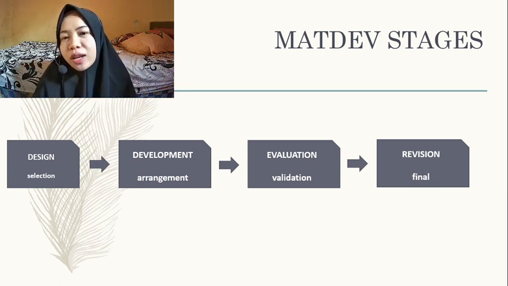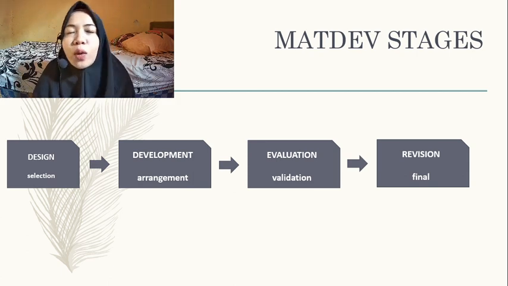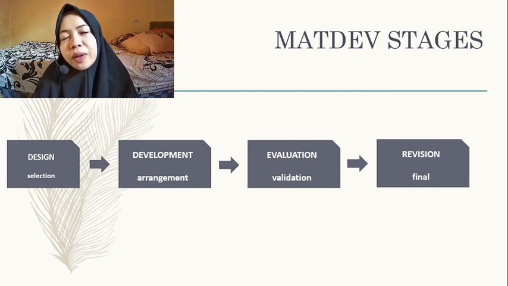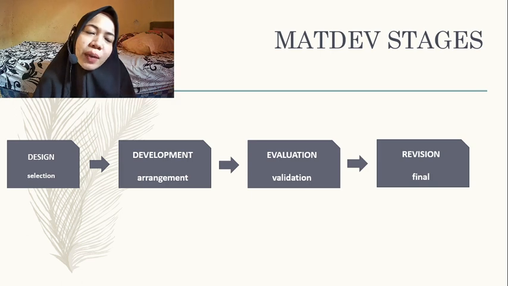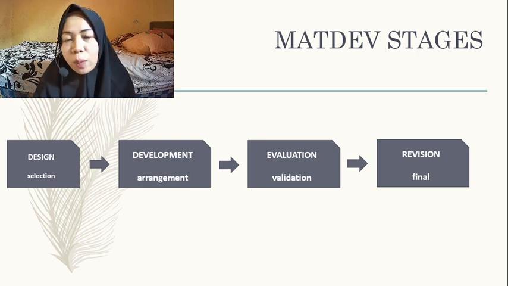Okay, so what are the stages that you have to do when you want to develop learning material? The first stage is designing the learning materials that you want to develop. Designing here is the stage when you select the material that you are going to use.